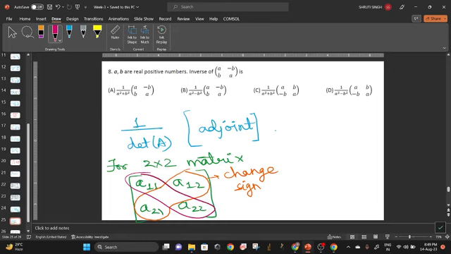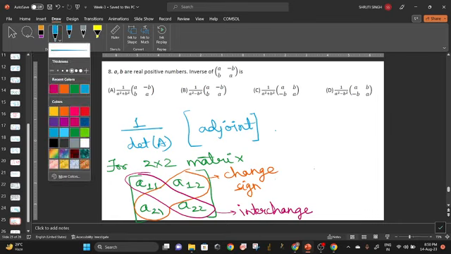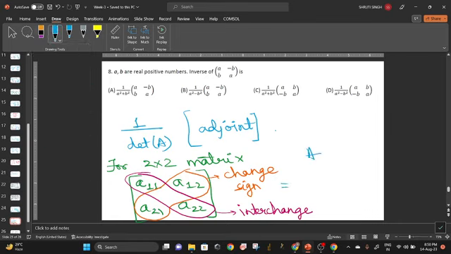So after interchanging I'll get A22, this one I have to change sign, this one I have to change sign, and this one is interchanged, A11. So this will be the adjoint.